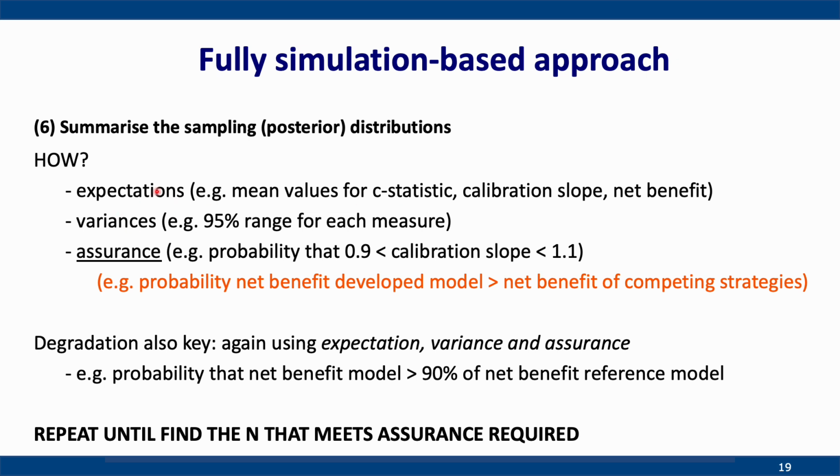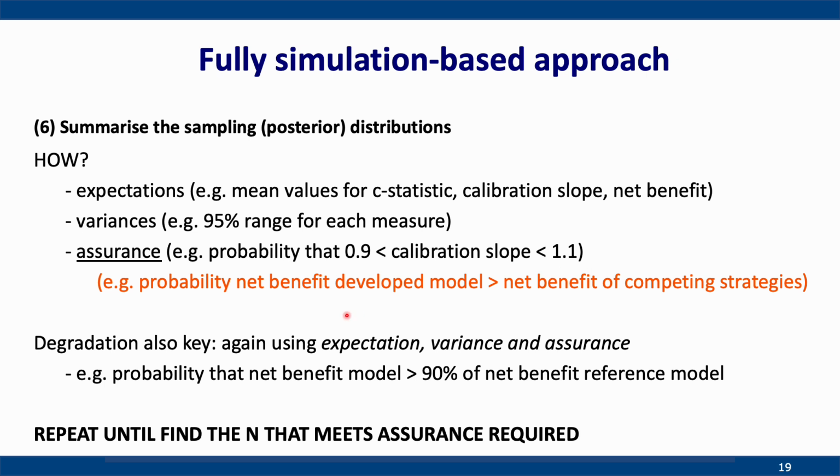So combining both of these aspects leads to this big thing that is really the heart of the piece, which is assurance. We can now, based on the posterior distribution, calculate assurance probabilities. So given the sample size and given the set of predictors you're looking at and given the model development approach, what's the probability of meeting some level of standard? So for example, what's the probability that your model that you develop will have a calibration slope between 0.9 and 1.1 in the target population?